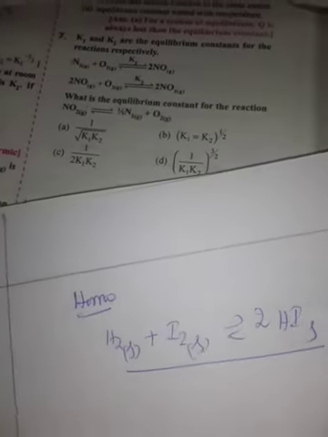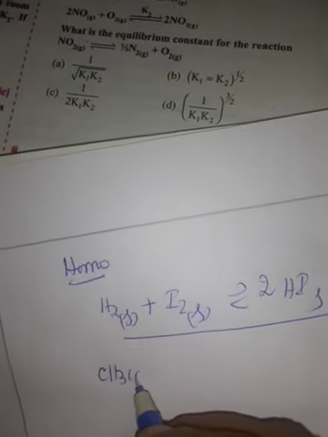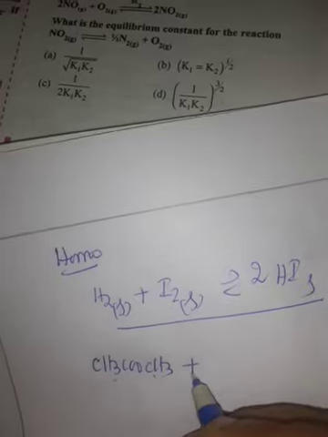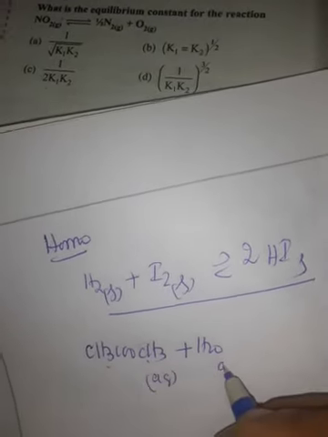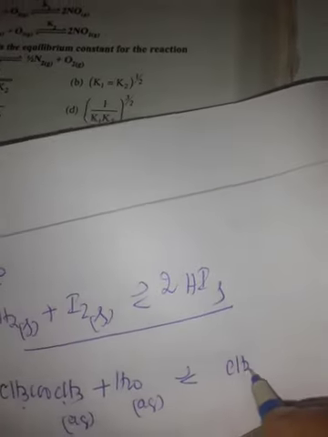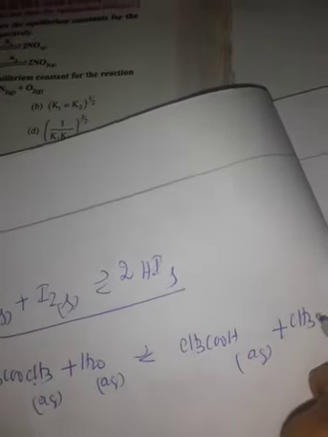That is called homo. One more example, ester, CH3COOCH3, methyl acetate, with water. Methyl acetate is aqueous. Water is also aqueous, giving acetic acid, aqueous, plus alcohol, that is methanol, aqueous.